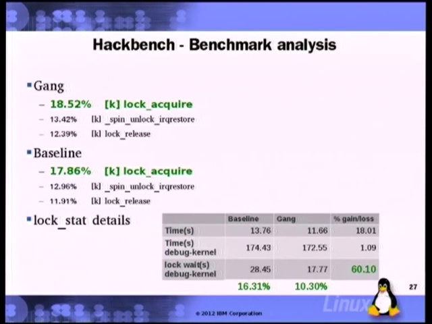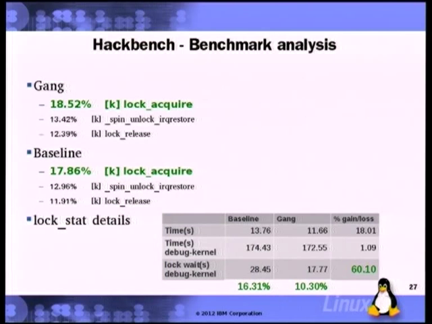So we went deeper into the locking statistics, which tell how much time was spent on the lock and the lock acquisition time. We had to get into a debug kernel to get this, and I have put the reference for the debug kernel.